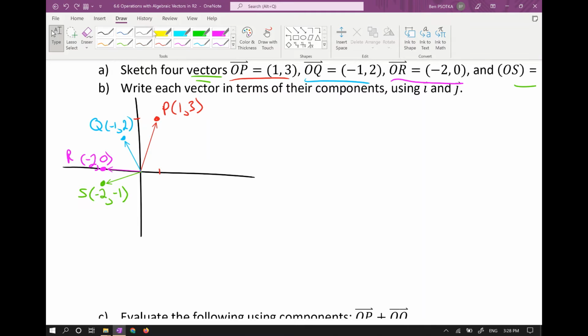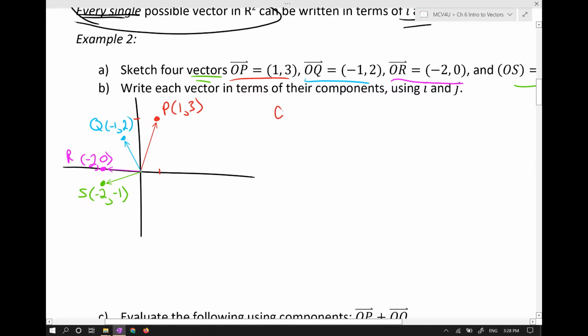Now let's look at writing each vector in terms of their components. So we'll start off with vector OP. Now vector OP is given right here. We've seen it. It's given by the coordinates 1, 3. Now, if we're writing in terms of our components, we need to ask ourselves, how many times do we need to use the unit vector i in order to get to this x-coordinate?